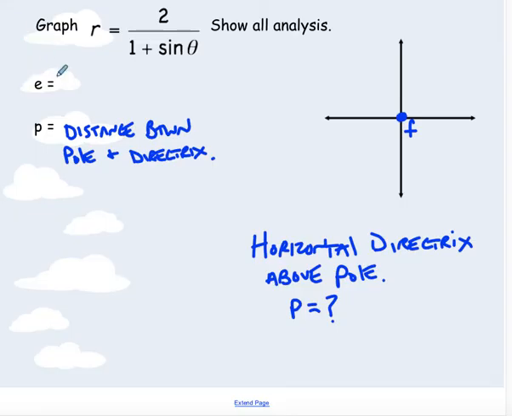So if we go to our problem, what's in front of the sine? Technically, there's a 1 in front of the sine, so E is 1. And you know how the top of the equation up here is EP? Well, we just figured out that E is 1, so that means in order to make the top of the equation a 2, P would have to be a 2.